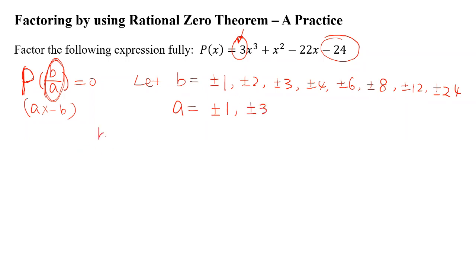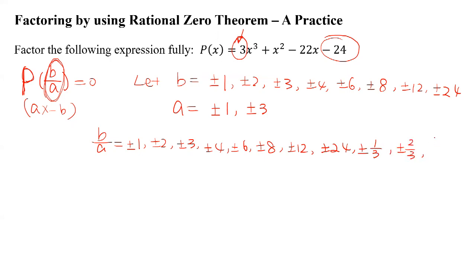And then we know that b over a must be all possible ratios between these two numbers, which are positive or negative 1 or 2 or 3 or 4 or 6 or 8 or 12 or 24 or 1/3 or 2/3 or 4/3 or 8/3, right?